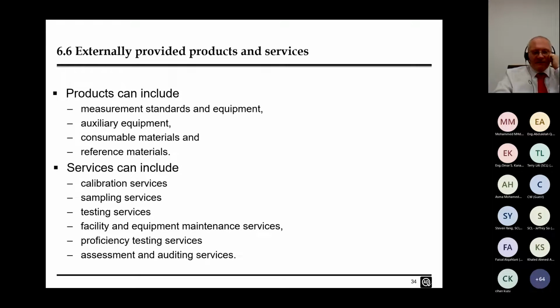These might be your measurement standards, buying new measurement standards, auxiliary equipment, consumable materials, reference materials. They may also be services: your calibrations, sampling or testing services if you're doing that, facility and equipment maintenance services, proficiency testing services, and your assessment and auditing services. So all of these will have an effect on the output, the product that you provide to your customer.